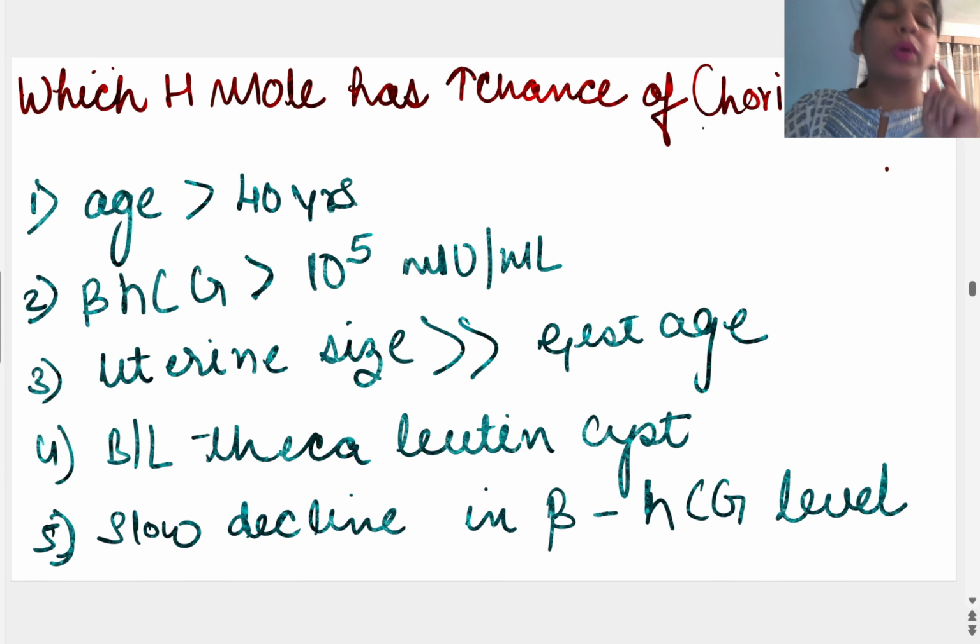The 5 factors in which complete moles have high chances of becoming neoplasia are asked, and you are going to learn them here. Age more than 40 years, beta HCG values more than 1 lakh, uterine size more than gestational age, bilateral theca lutein cyst, and slow decline in the beta HCG level after suction and evacuation.